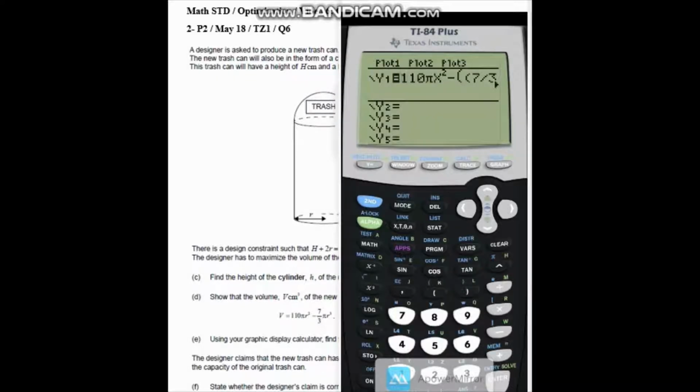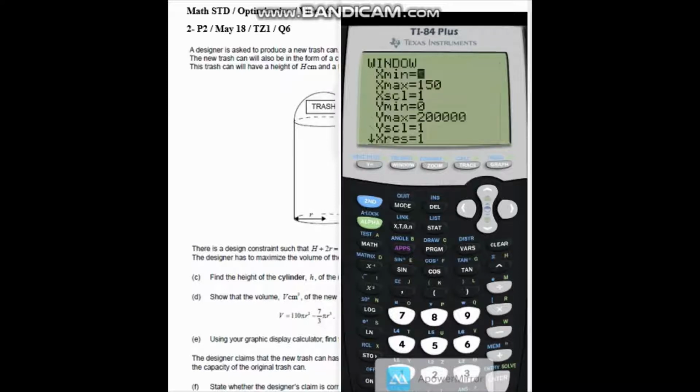So I've written down the equation for the volume and I've set the parameters of my window as follows. Of course, x minimum and y minimum are 0 because we are talking about radius and volume. You cannot have a negative radius or a negative volume. And with the maximum values, I've played around with them and I've used big values until I could fit the entire graph onto my screen.